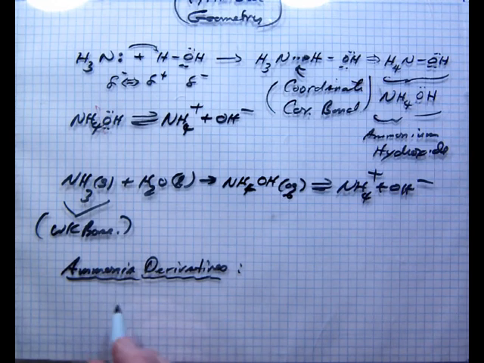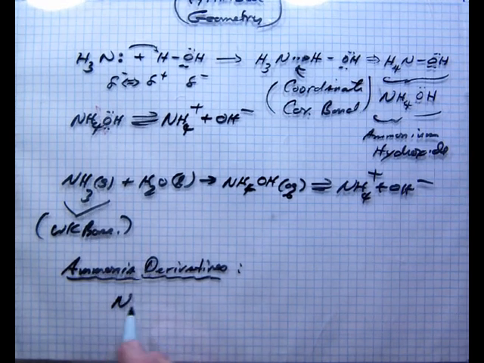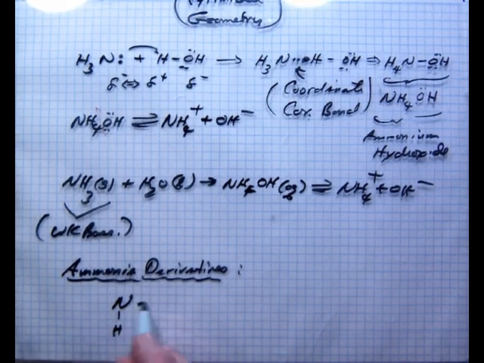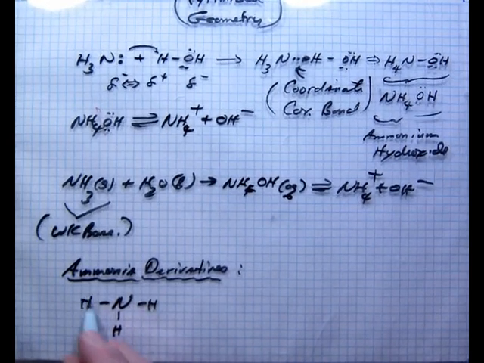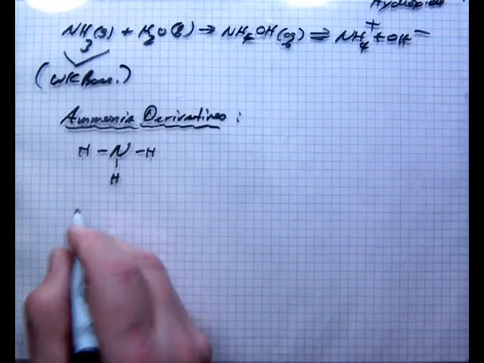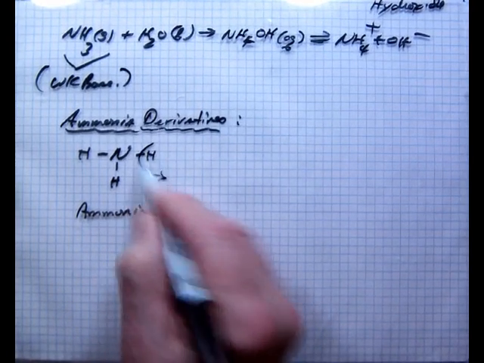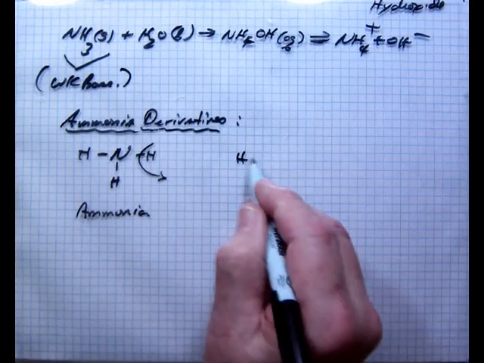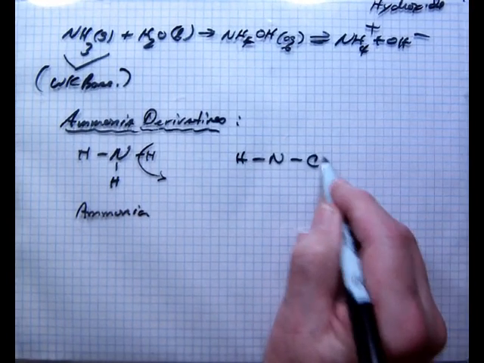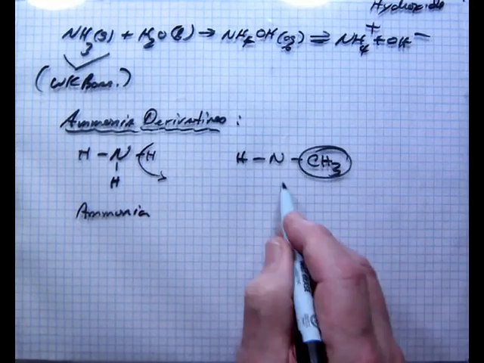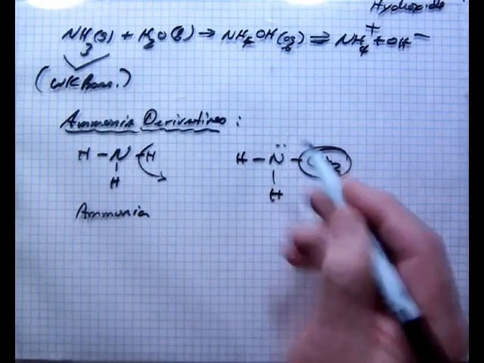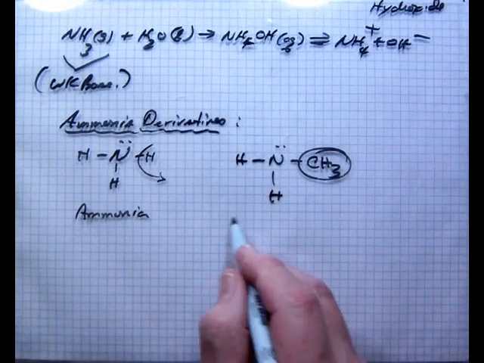So if it is ammonia, say like this, make this up some, and I break off one of the hydrogens and make a molecule, say it has a CH3 group over here, this is an ammonia derivative.